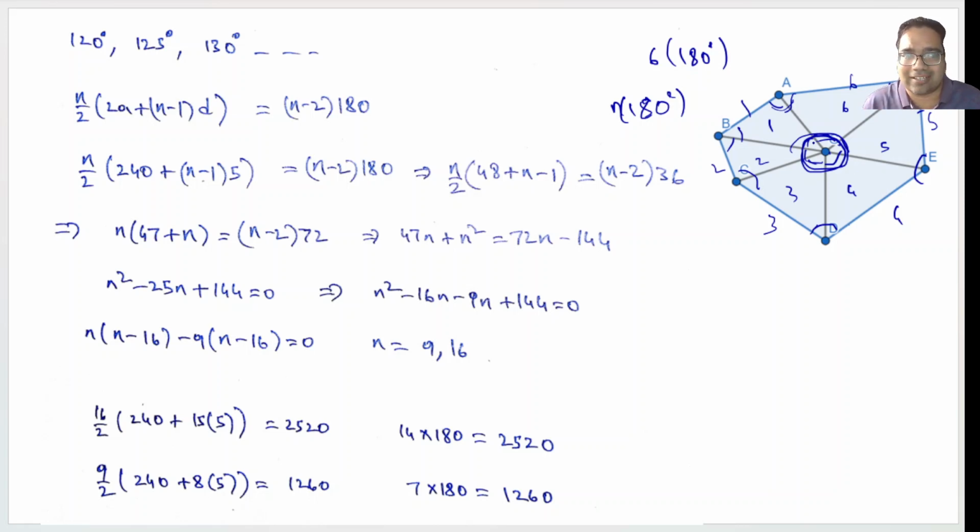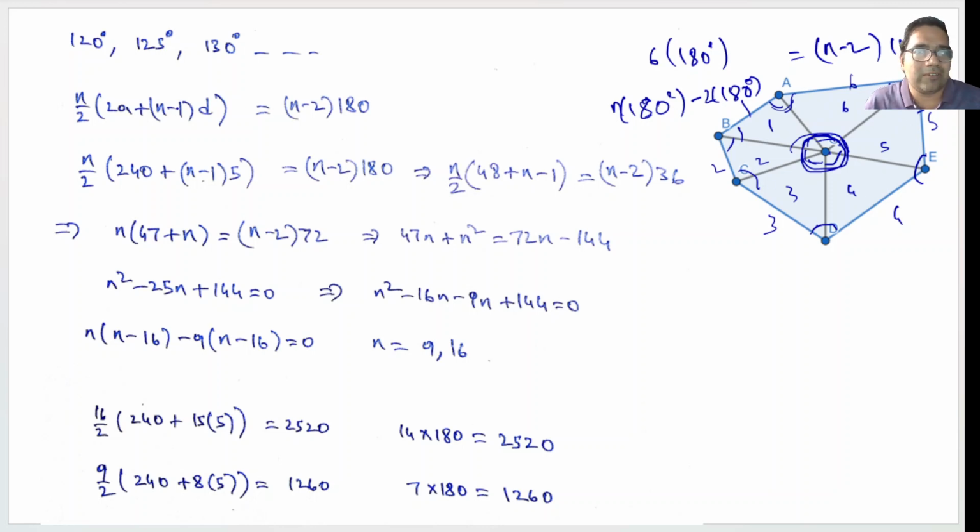This is the complete circle, which is 360 degrees, meaning 2 times 180 degrees. So n into 180 degrees minus 2 times 180 degrees equals (n minus 2) into 180 degrees. So the sum of interior angles of a polygon is (n minus 2) into 180 degrees.